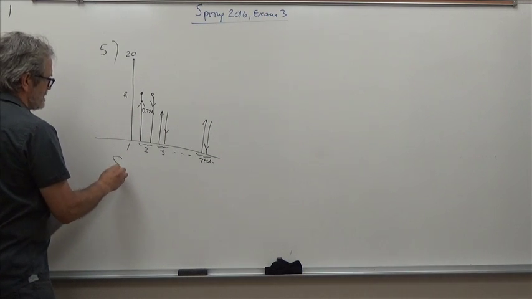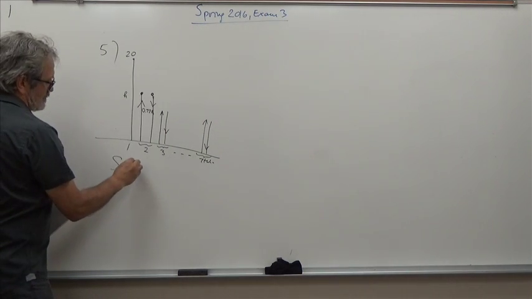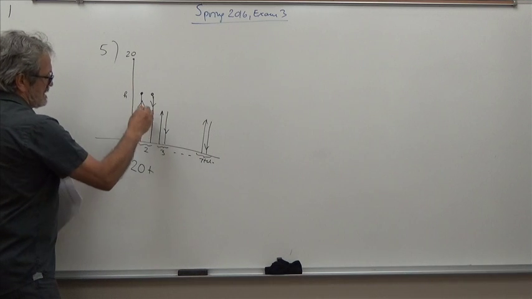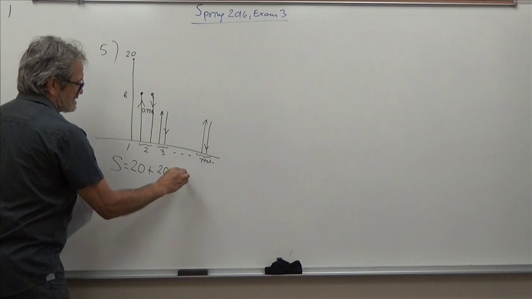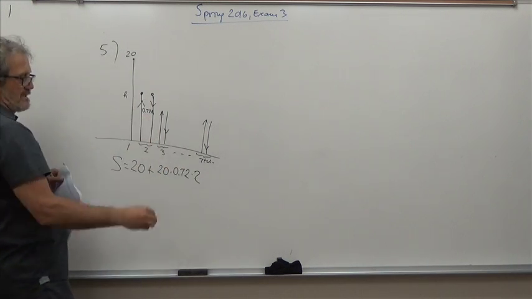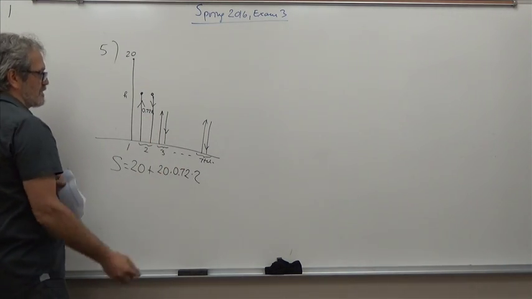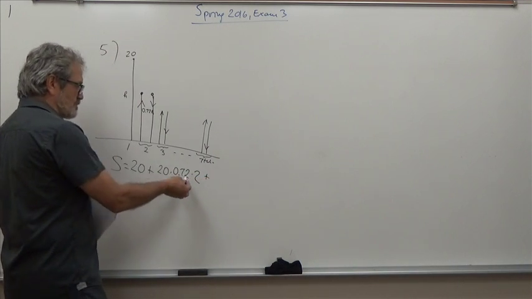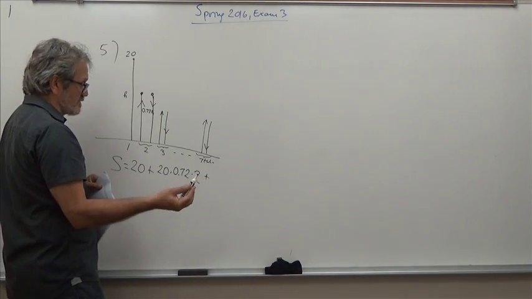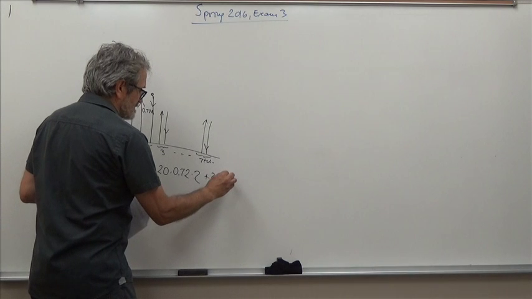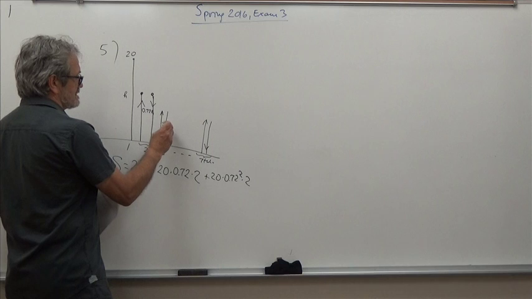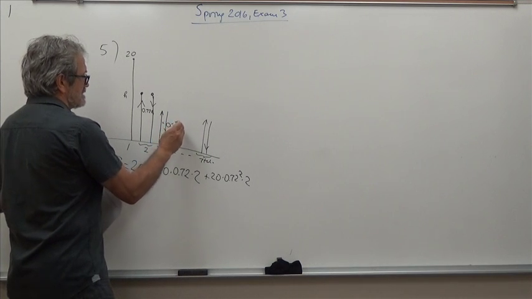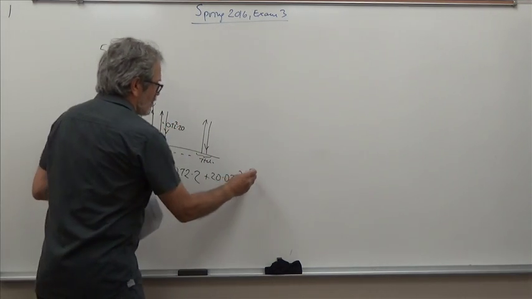So the whole sum equals, first you just get 20, then you get what? 20 times 0.72, but times 2 because you have up and down. So 72% of what you have. Next time you have 72% of 72%, like in a geometric progression, so you get 20 times 0.72 squared times 2. And so on.